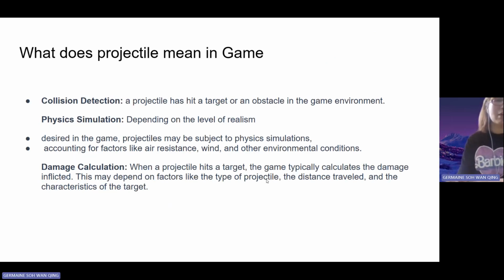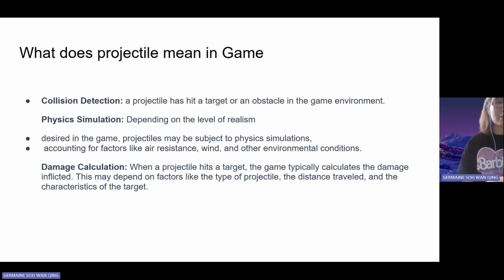This slide is what projectile means in a game. For collision detection, a projectile has hit a target or an obstacle in the game environment. Physics simulation depends on how the level of the game moves, and how air resistance, wind, and other environmental conditions are taken into account in the game itself.